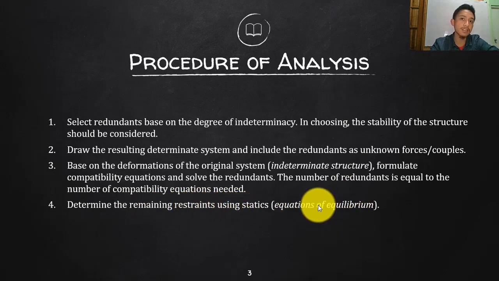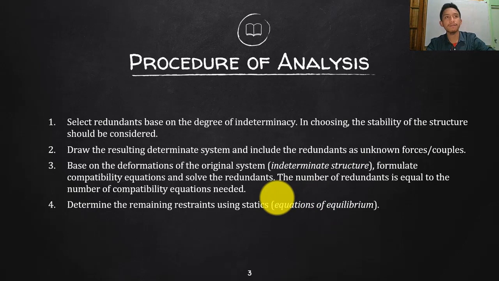Again, since it is simplified as a determinate structure, whatever reaction there is, you can solve by statics: your equations of equilibrium, summation of forces horizontal and vertical, and summation of moments at any point. So that is our procedure. Remove the excess, solve by compatibility equations, apply that as a force, and then solve the rest of the restraints, and that will now be the total restraints of your indeterminate structure. That is the consistent deformation method.